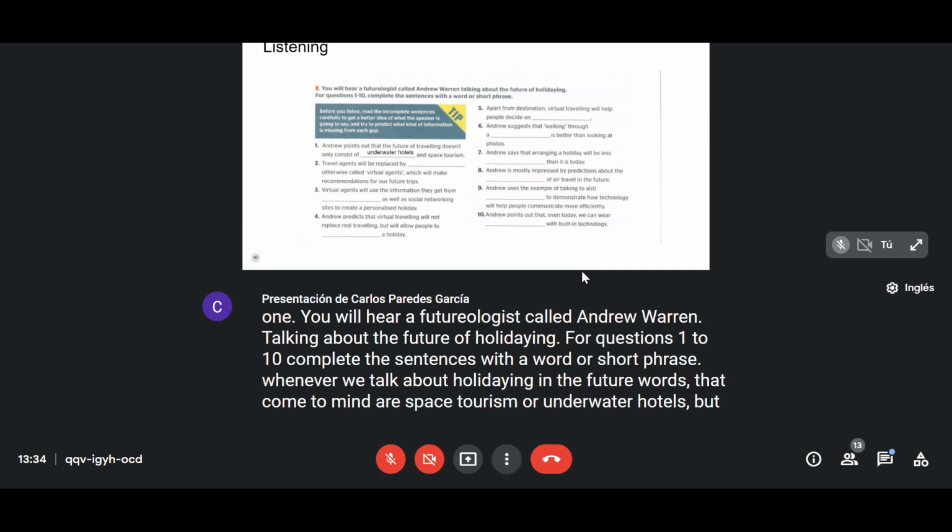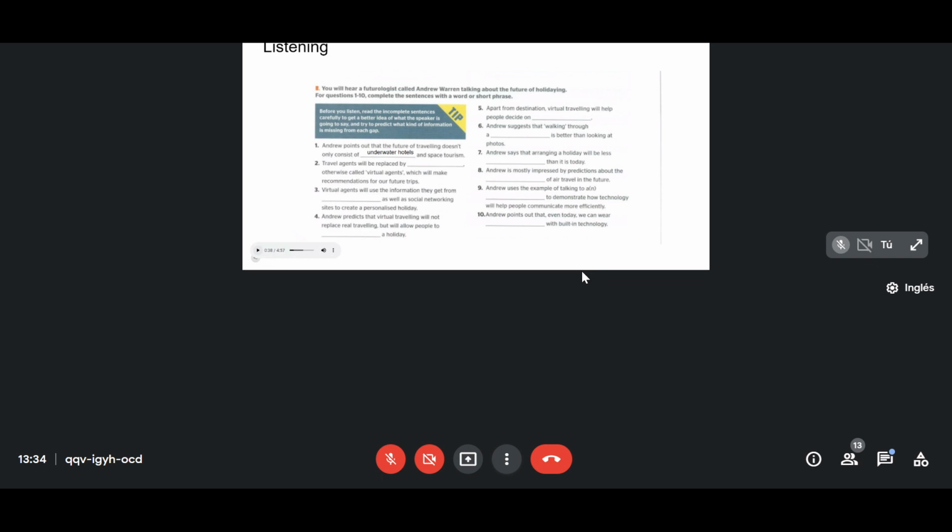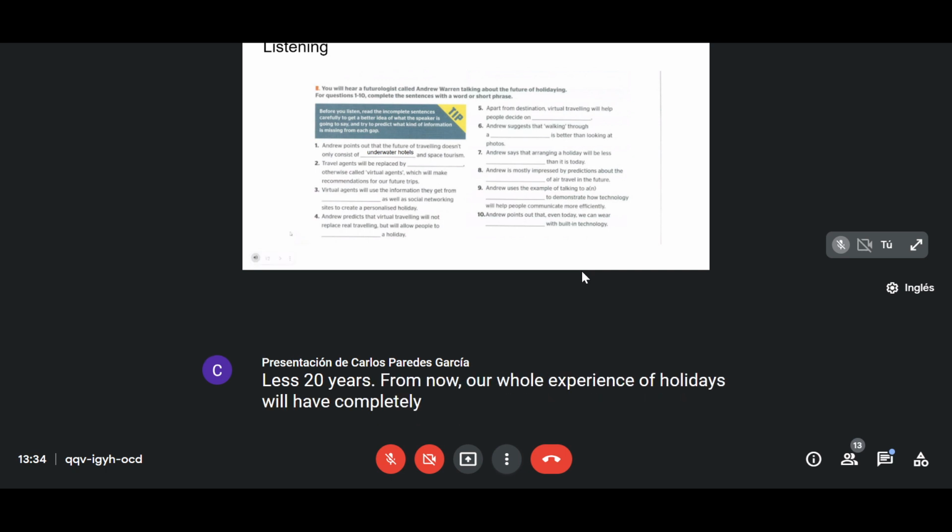But there's a little more than that to consider. In more or less 20 years from now, our whole experience of holidays will have completely changed.